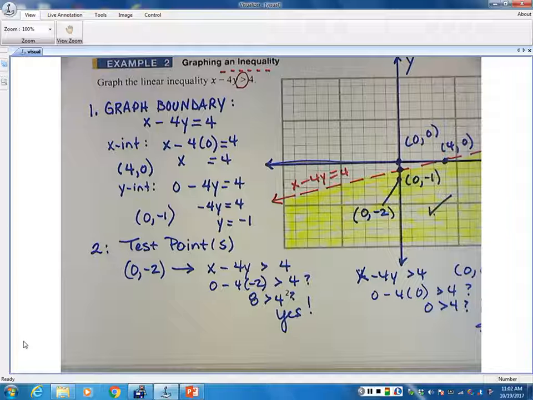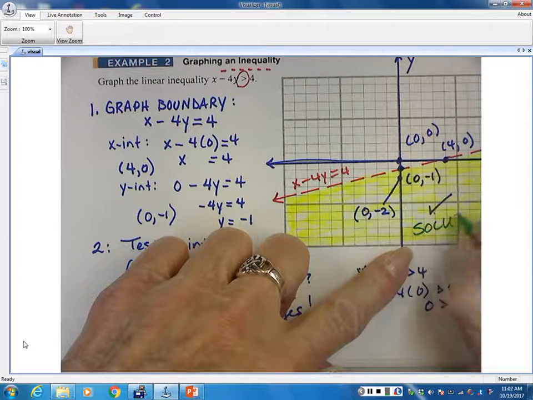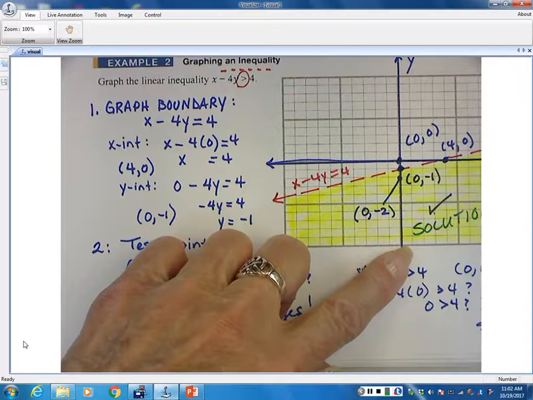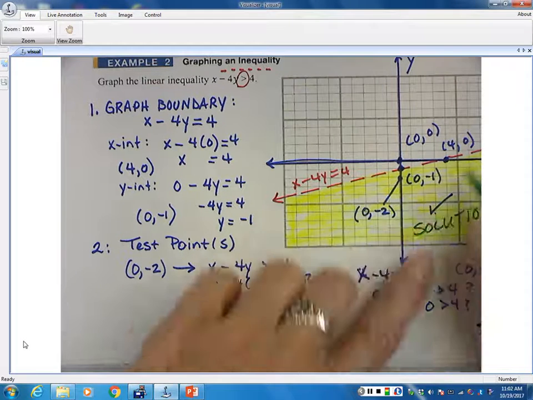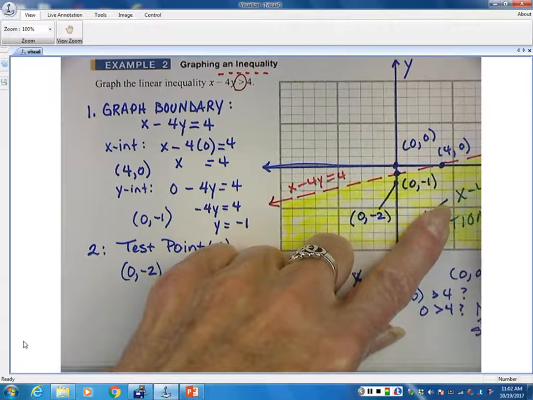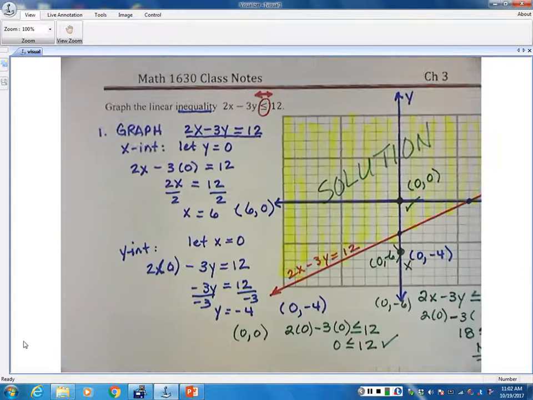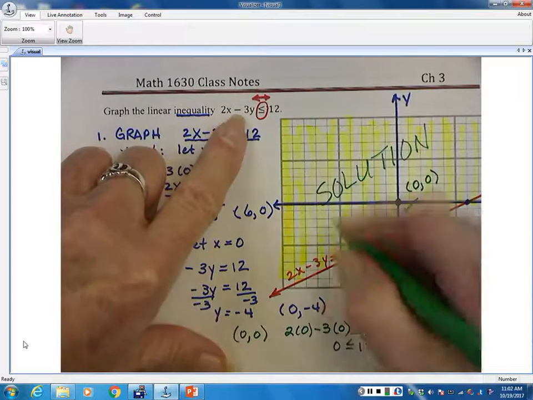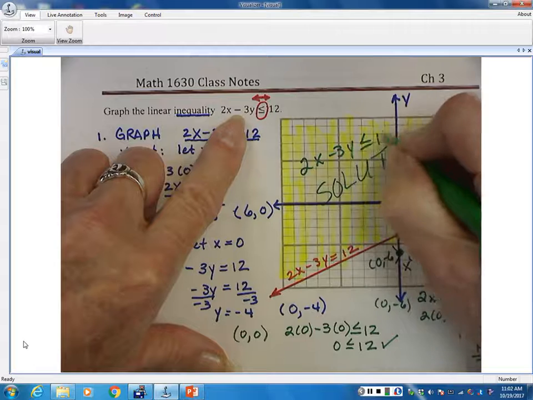So the solution to that inequality is here. So that means the solution, this area solves the inequality, x minus 4y is greater than 4. Just like the solution here represents the solution to 2x minus 3y is equal to or less than 12.